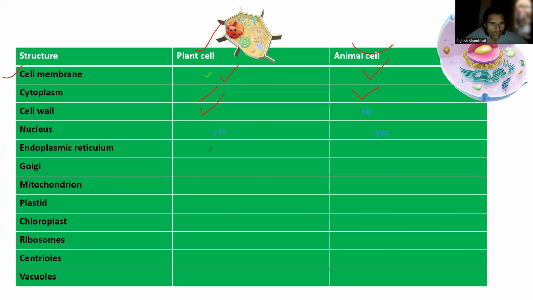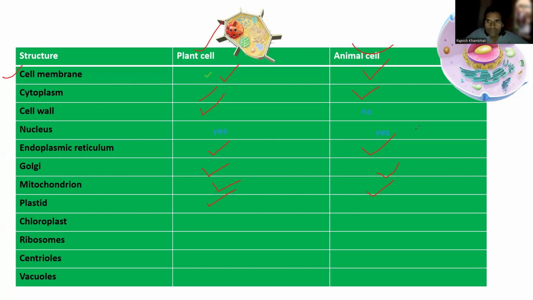Then endoplasmic reticulum. Yes, both cells have endoplasmic reticulum. Both have mitochondria. Both have Golgi body. Plastids: only plant cells have the plastid. Animal cells do not have plastids.